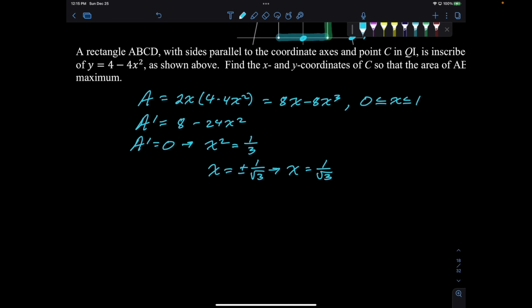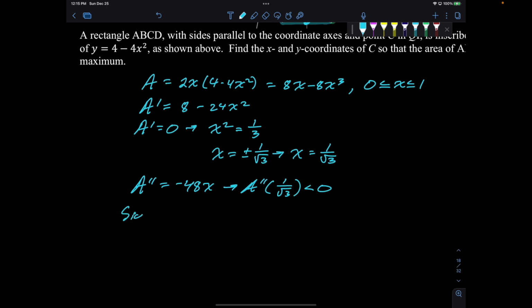I'll maybe do both. I'll say A double prime is negative 48x. So A double prime of 1 over root 3 is less than 0.